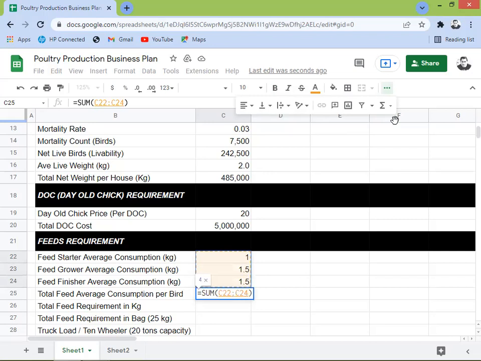That would be 4 kilogram of total feeds consumption. As we said, our average live weight would be 2 kilogram, the weight of the broiler we're going to feed for 45 days.